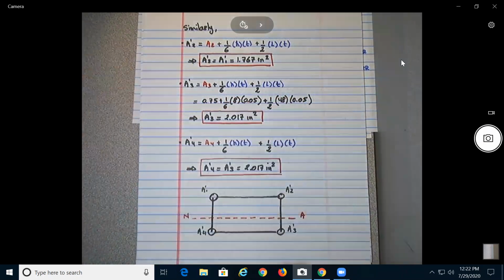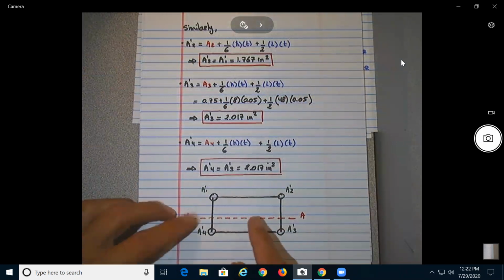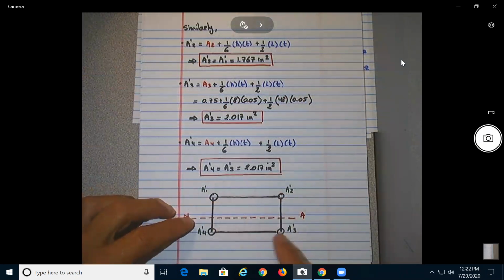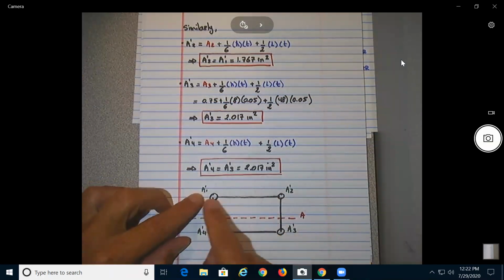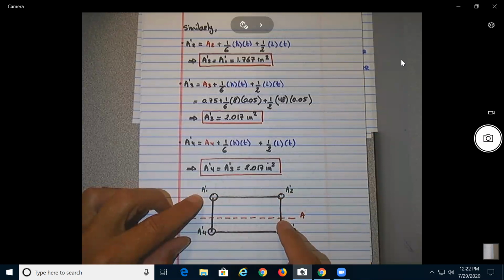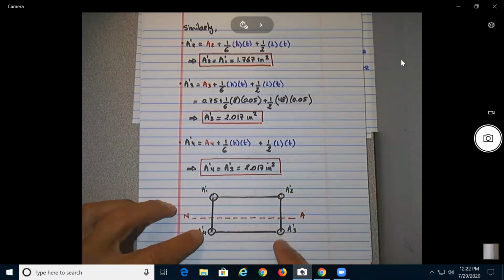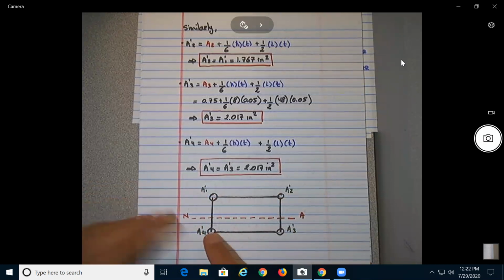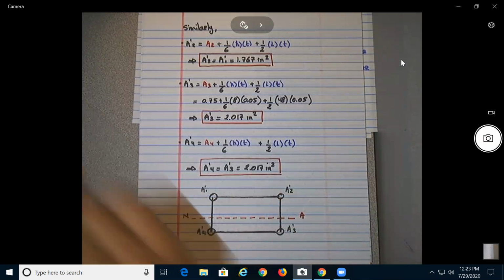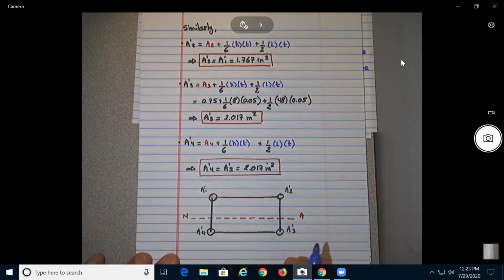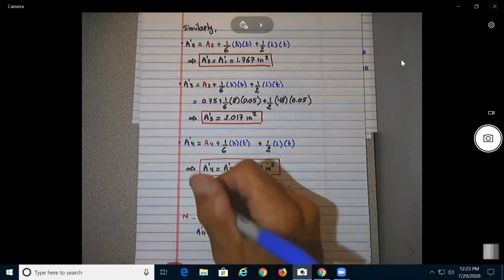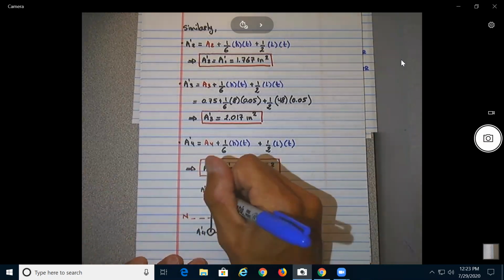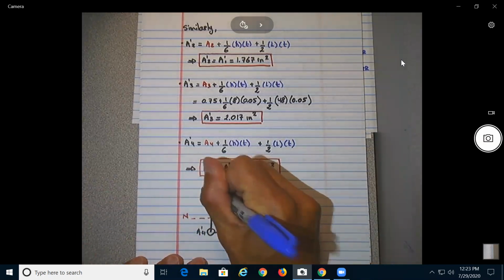So the way to write that down is that the moment created by these four areas needs to be balanced. The moments created by A prime 1 and A prime 2 about a certain line need to be equal to the moment created by A prime 3 and A prime 4. Does that make sense? That's what the neutral axis is. To simplify the calculations, you could take the origin of your reference frame anywhere you want, but let's select this one here.